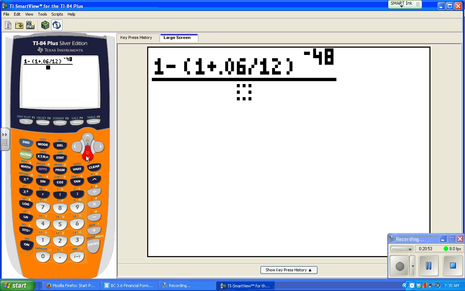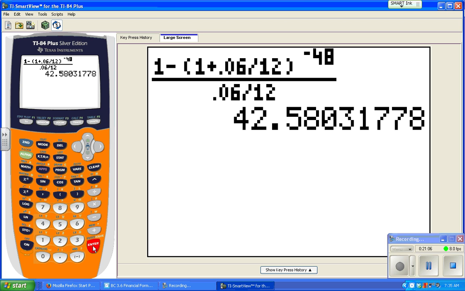Going in the denominator now, this is going to just be 0.06 over 12. This is a little nicer because it looks a little bit more like a fraction. And all of this is 42.5803 whatever.